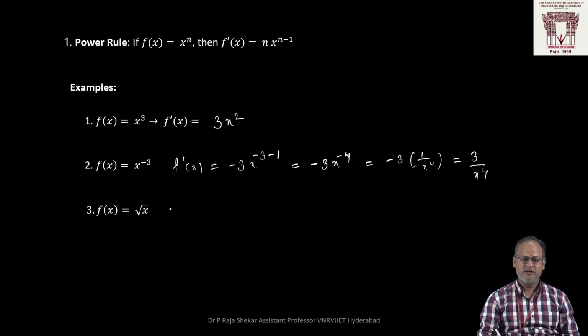Likewise, if I have the function f of x as root x, root x is equal to x to the power 1 by 2. Now what is n? n is equal to 1 by 2, a fractional value.